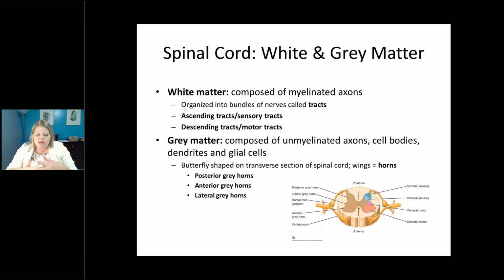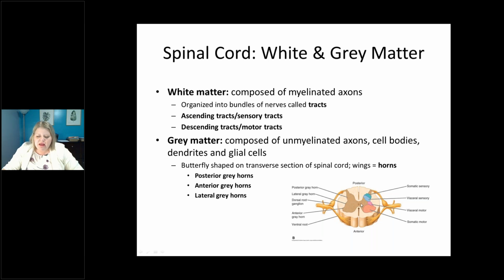Gray matter, on the other hand, is composed of unmyelinated axons, cell bodies of neurons, dendrites, and glial cells. The cross section or transverse section of a spinal cord has this butterfly shape appearance of the gray matter embedded and surrounded by the white matter.